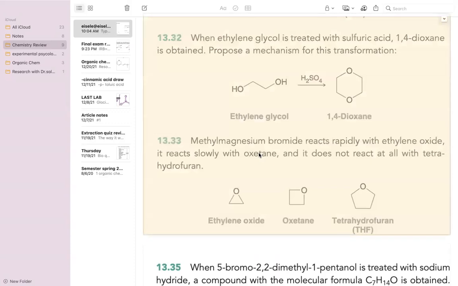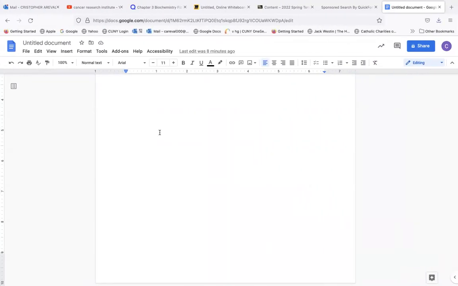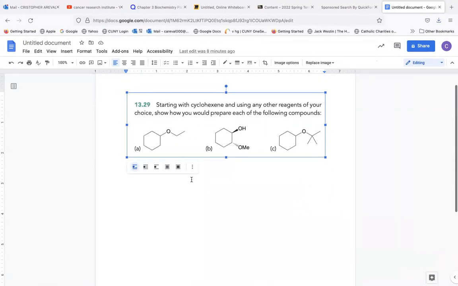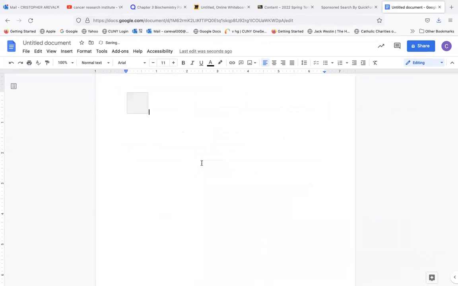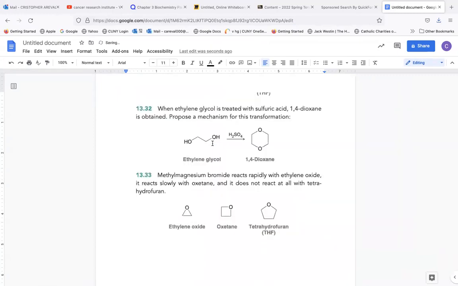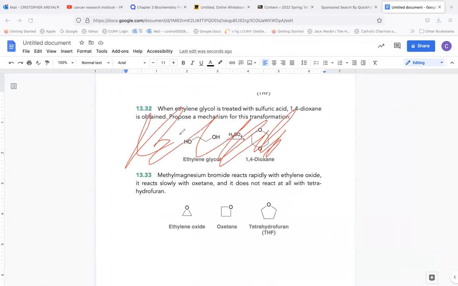We're not gonna do 32 because y'all could do 32. It's just the same thing, just that it's intramolecular. He's gonna test you maybe one question about this, so don't worry about that. Something he could ask you in the exam is similar to this right here, like 33.